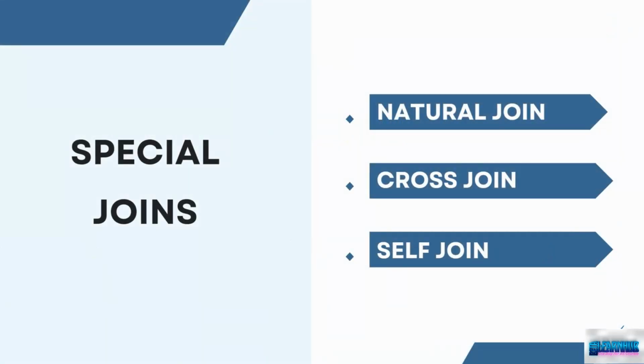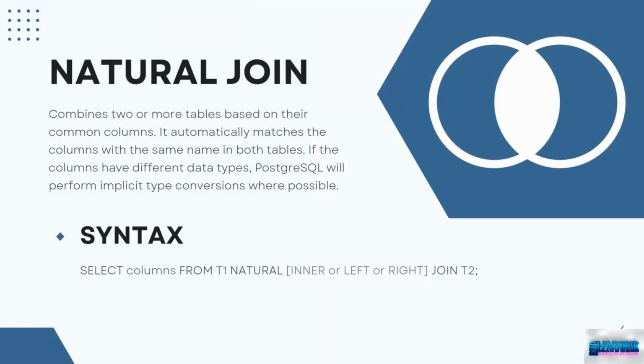In the past lesson, we've demonstrated the types of basic joins. Now let's talk about the special joins that you can use in PostgreSQL. Natural join combines 2 or more tables based on their common columns. It essentially creates a temporary table for a set of rows to work on several tables.